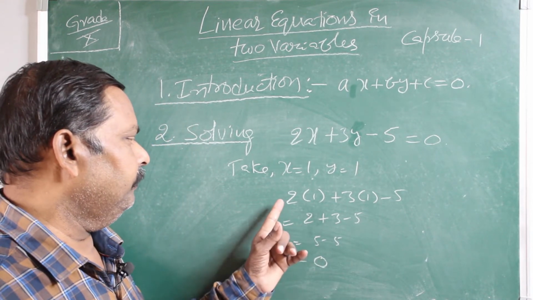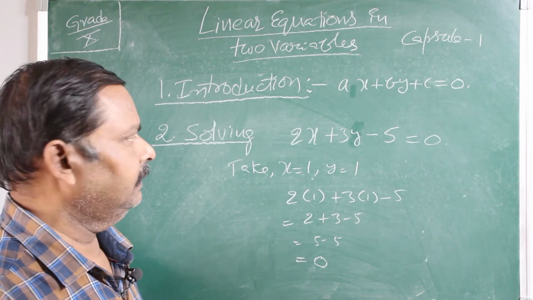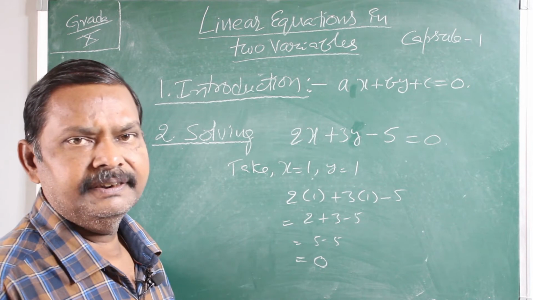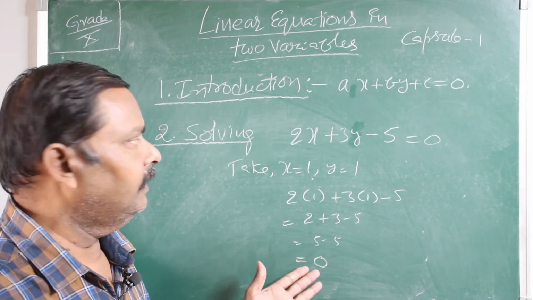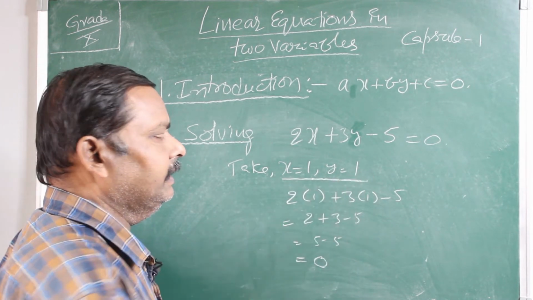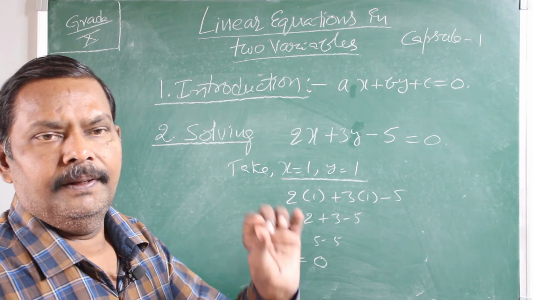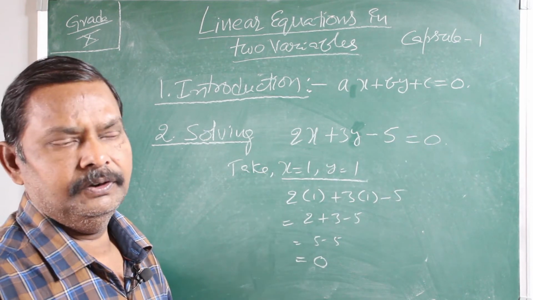So, if you substituted x = 1 and y = 1, the equation is consistent, means finally you got again 0. In this situation, x = 1 and y = 1 is called a solution of the linear equation.